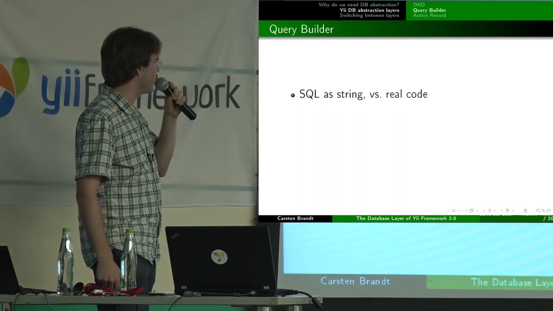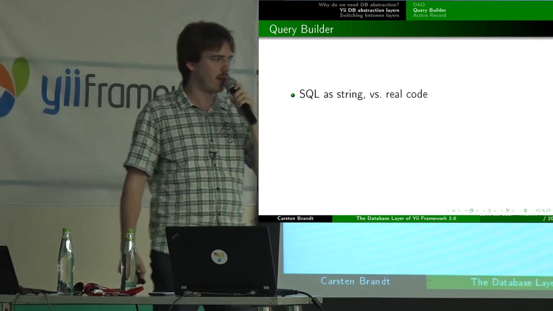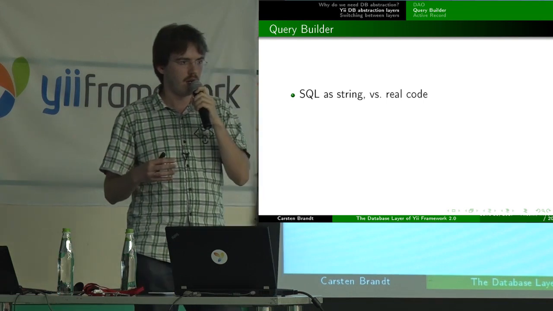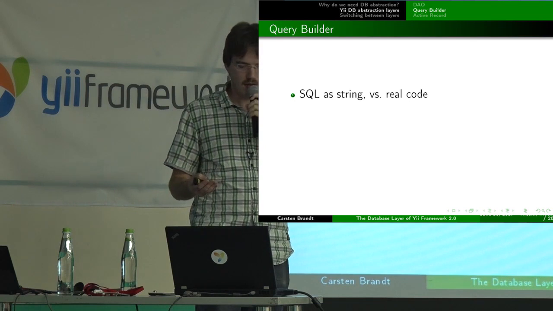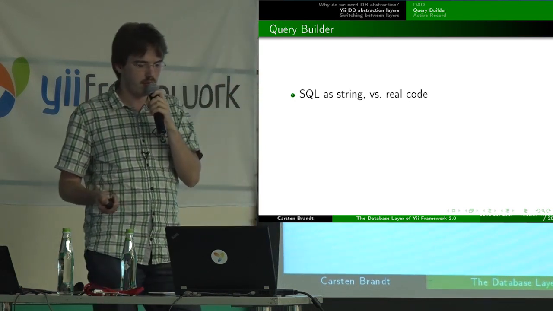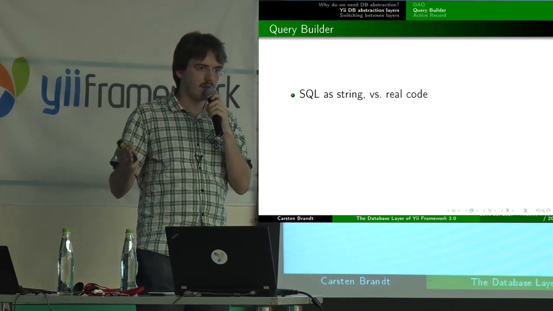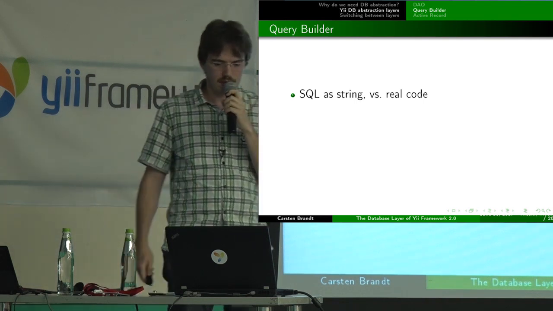Okay. So why do we do this? We have SQL not as strings, but as real code. So we do not need to do string concatenation, but we stay in our programming environment PHP, and we do not have to switch between languages. So it's easier to work with, and also it's a lower risk of SQL injection because you just pass values to methods and do not need to care about escaping them properly because it's done by the framework.